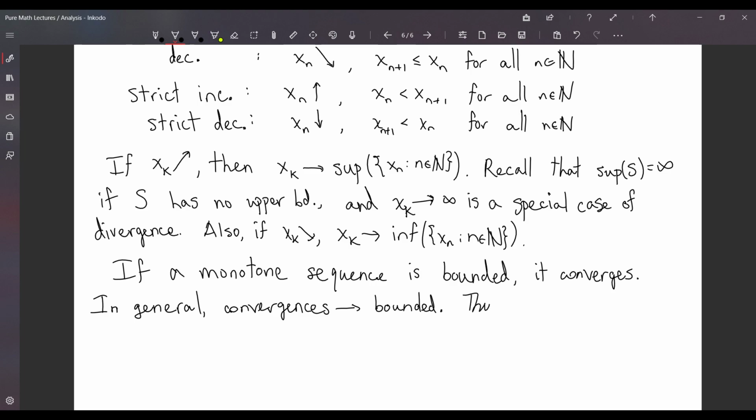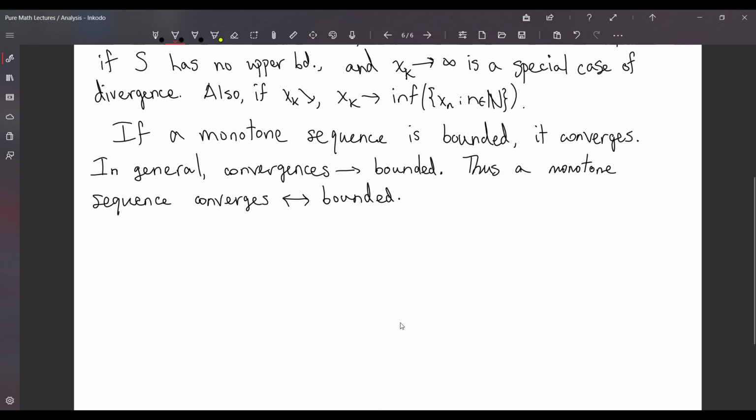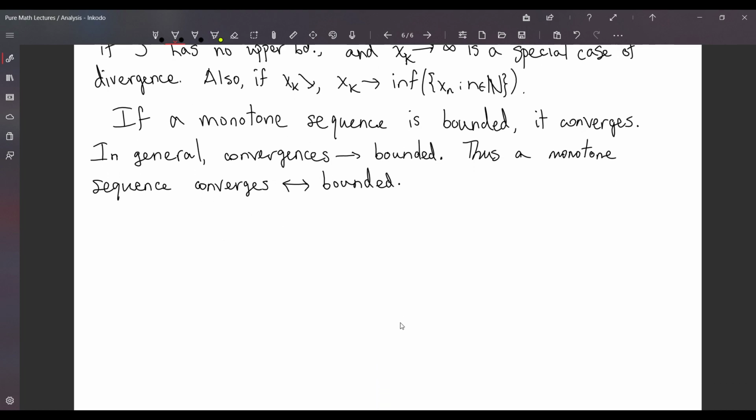And therefore, a monotone sequence converges if and only if it is bounded. Which is kind of a nice little result.